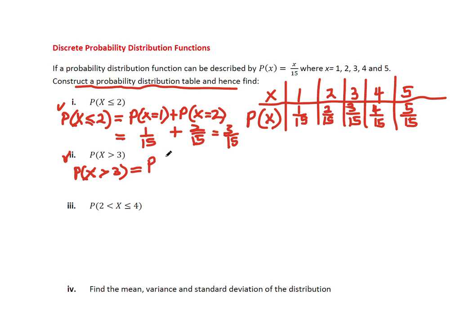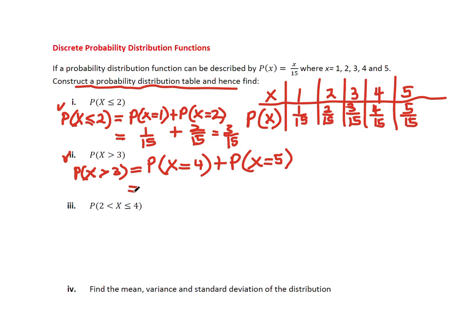So the probability that x is greater than 3 would simply be equal to the probability that x is equal to 4 plus the probability that x is equal to 5. Because 4 and 5 are the only values in the data set which are larger than 3, and that's what we're asked to find.